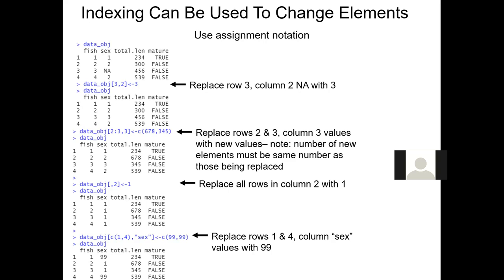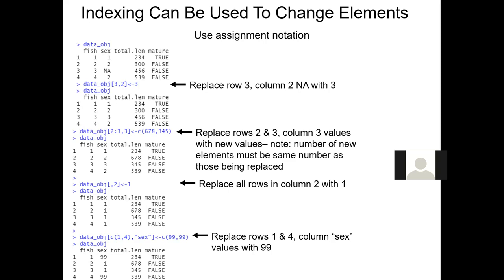Leaving that blank specifies all rows. So here I'm going to substitute the number 1 into all rows under column 2, which is the sex. And when you do that, you'll see all of them have been substituted, although there was a 1 before.